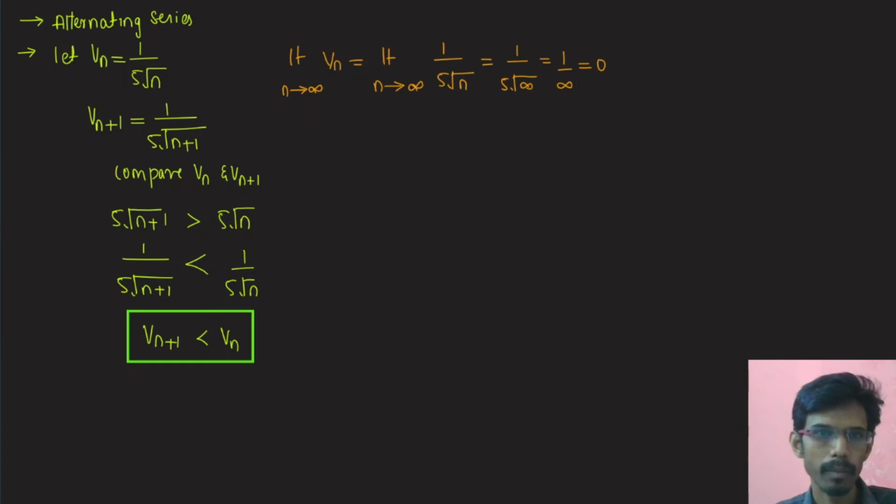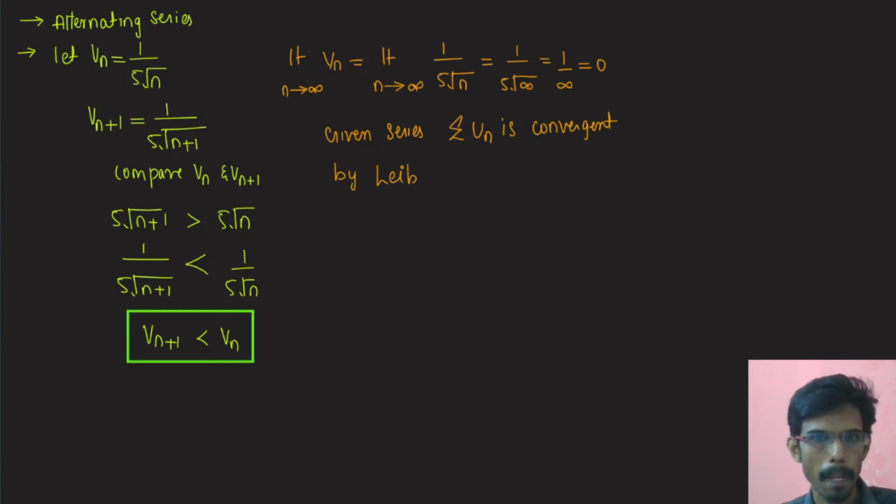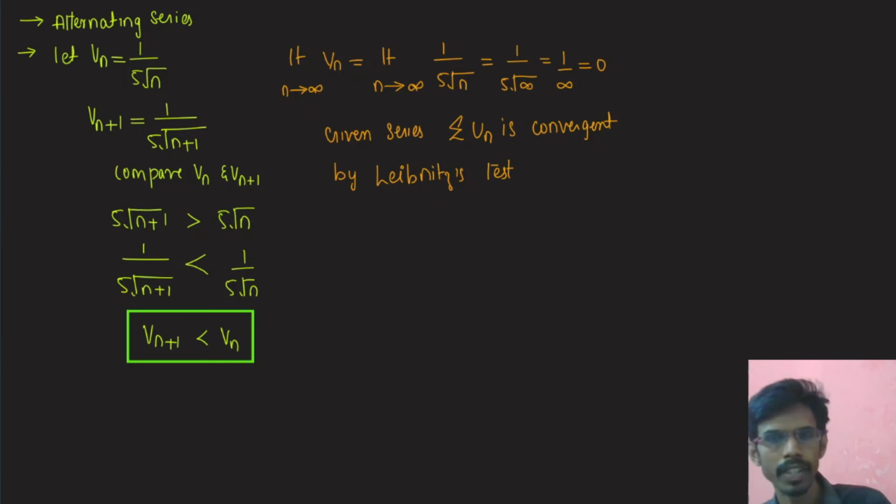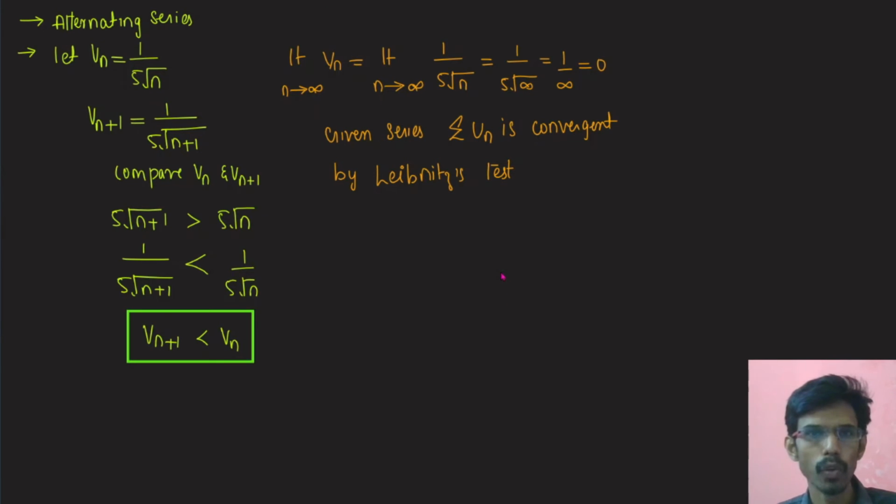Hence we say that given series, that is sigma un, is convergent by Leibniz test. It is convergent by Leibniz test. Now we go for absolute or conditional convergence.